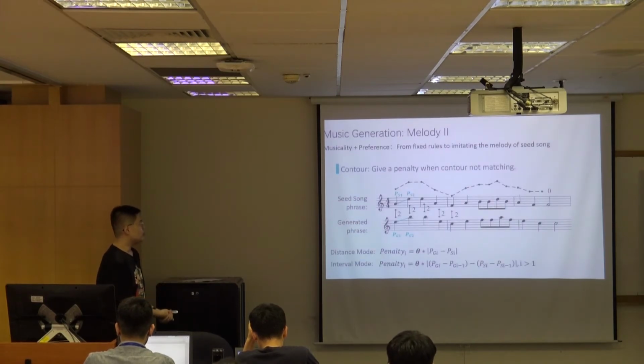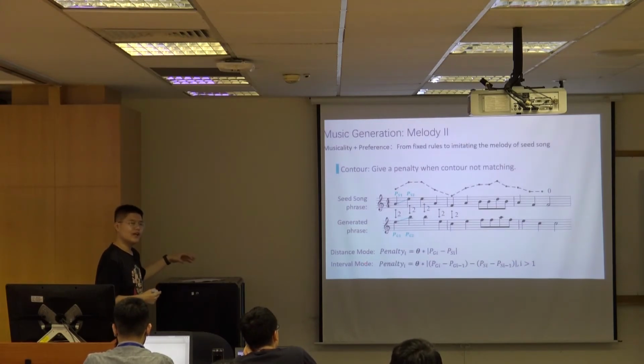Another way to imitate the melody of the seed song is using the contour. For each note of the generated song, we also give it a penalty when the contour of the generated melody does not match the seed song. We have two modes, distance mode and interval mode, and both are used to calculate the penalty of the contour.